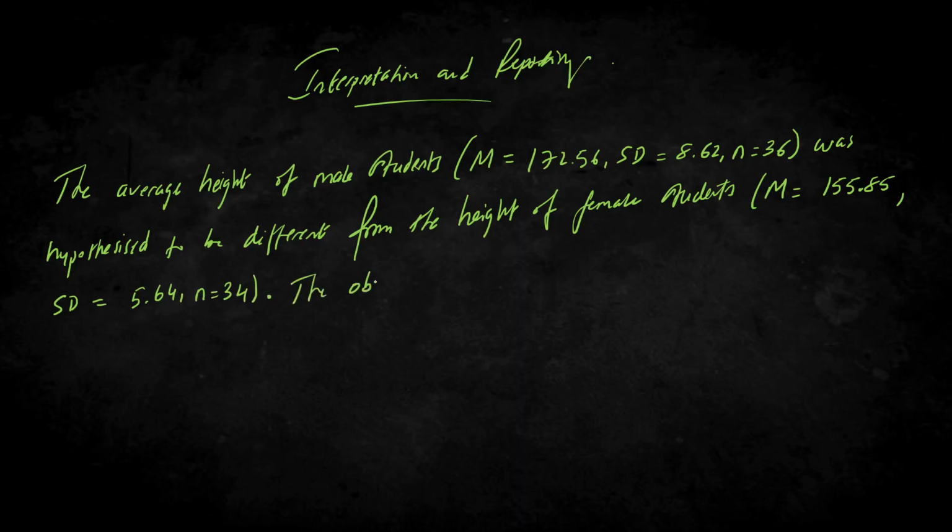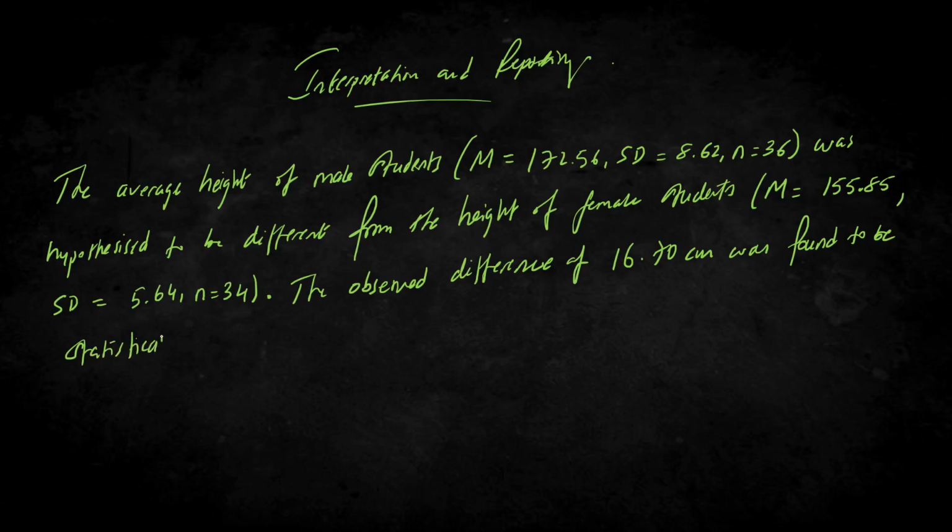Now, the observed difference, based on the sample data, we observe a difference. So, observed difference of 16.70 centimeters was found to be statistically significant, right, at the 5% level of significance.